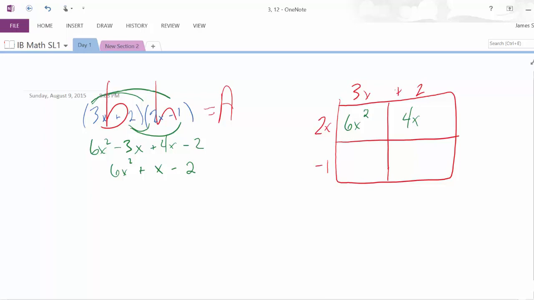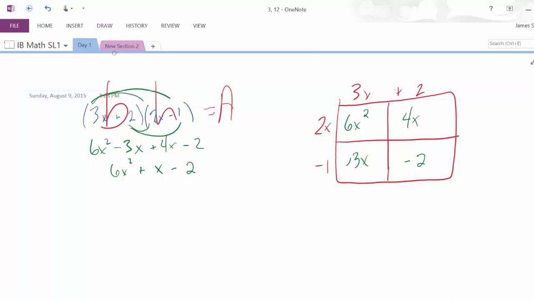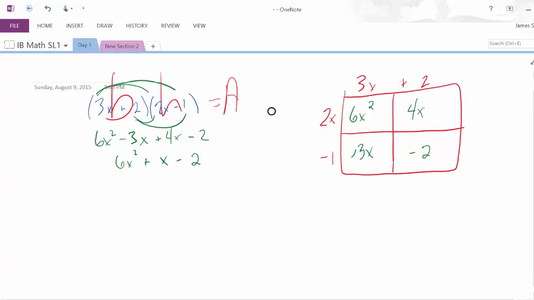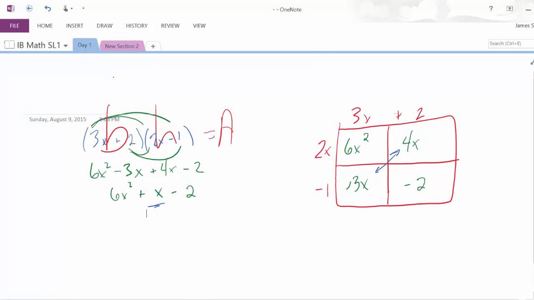The bottom left, the area of this box would be negative 3x, and the bottom right would be negative 2. And the areas in these boxes are these 4 terms that we have when we go through the FOIL process. So, okay, this is really nothing new. I would take these 2 boxes here and combine them to get our positive 1x.